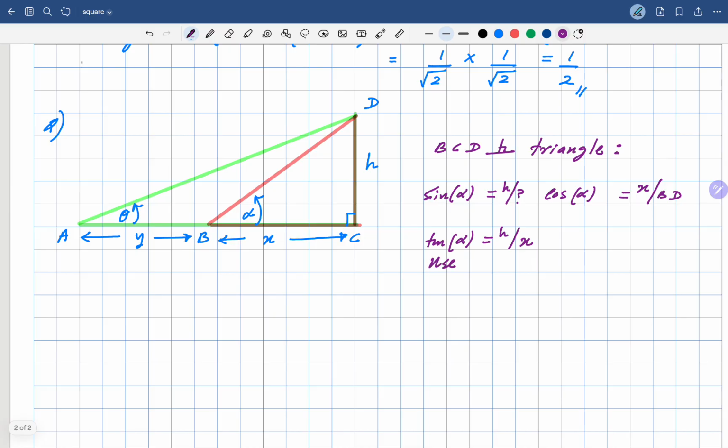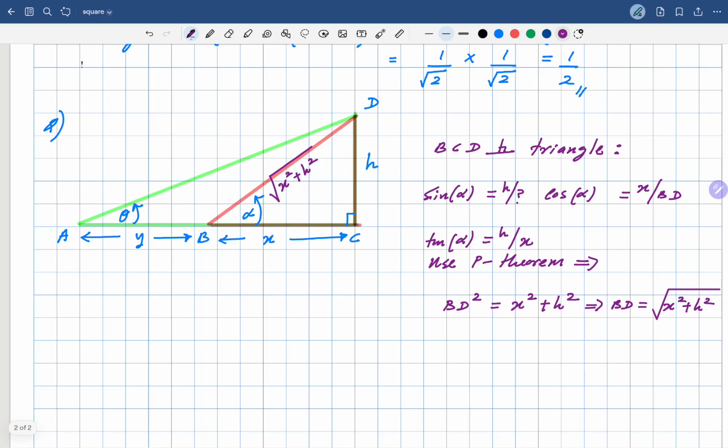We can use Pythagoras theorem. If you use Pythagoras theorem on the BCD triangle, BD squared is equal to x squared plus h squared. So from here you can find BD, which is the square root of x squared plus h squared.